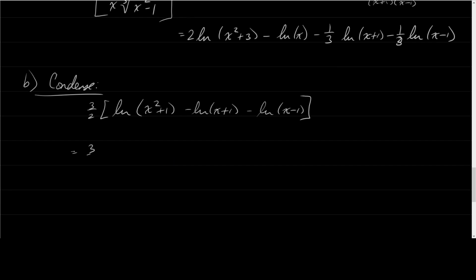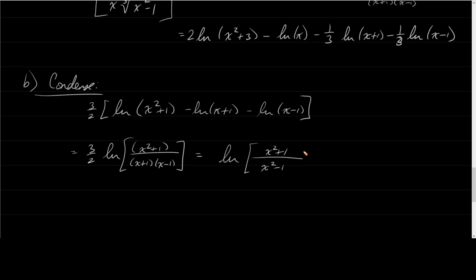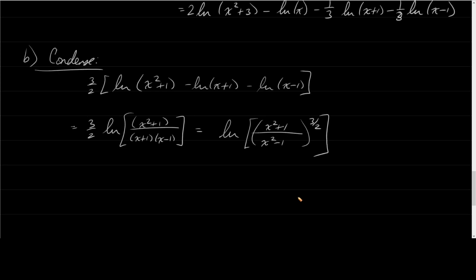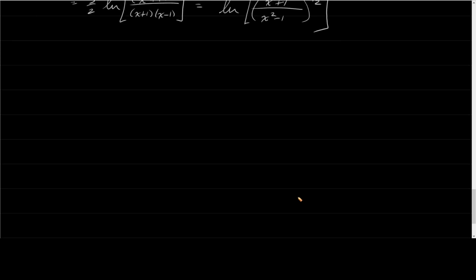And I'll do this in 2 steps. 3/2 times ln of x squared plus 1 over x plus 1 times x minus 1, which would then be equal to ln of x squared plus 1 over x squared minus 1, and then all of this to the 3/2. All right. Now, that's just some basic examples of expanding and condensing some logarithmic expressions.